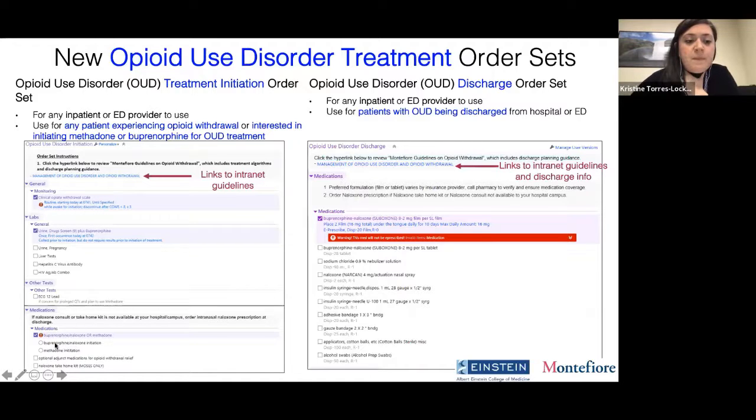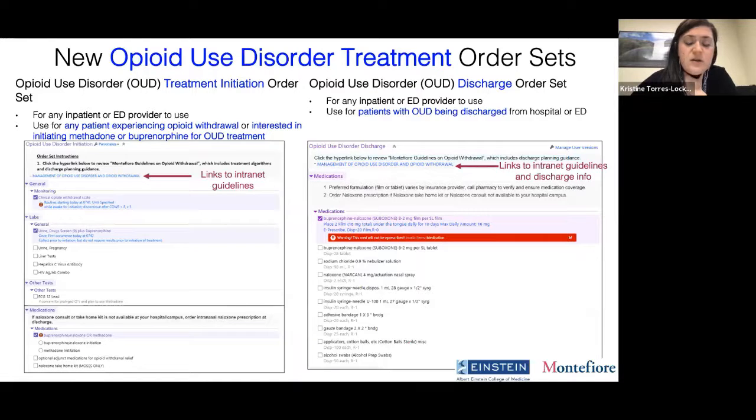So if you click on bup initiation, it includes all of the buprenorphine orders that you need at the dosages and the intervals that we're recommending in the guideline to start. And it also includes methadone orders at the dosages and the intervals that we're recommending in the guideline as well. And then it also includes orders for any adjuncts if someone needs like additional clonidine to help manage their withdrawal.